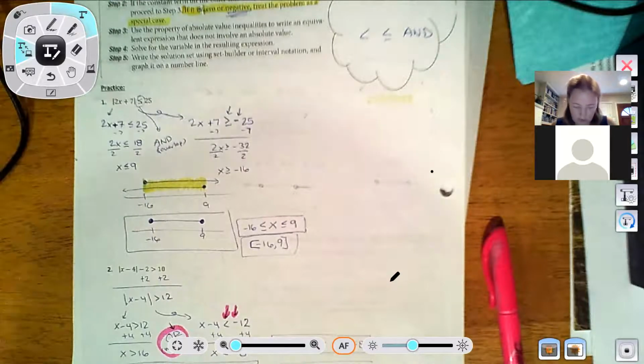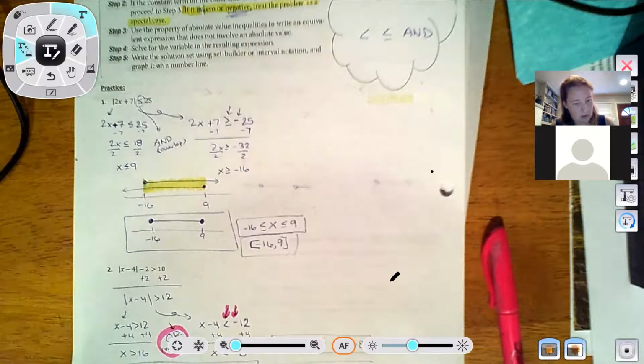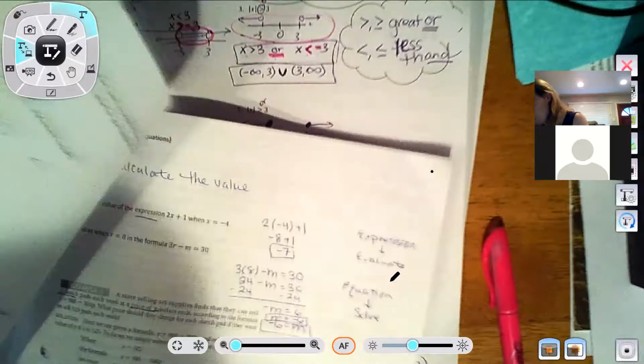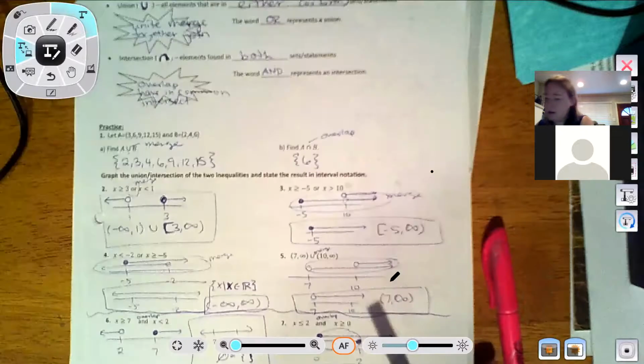Or else it's still coming up. Let me see. Where did I do that? Okay, that was in 2.5 that we had some ors or some symbols.